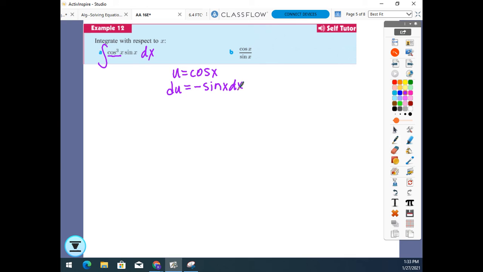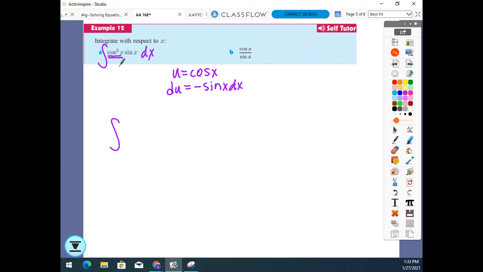Now be very careful. With substitution, we're doing both derivatives and antiderivatives. Make sure you're using your formula booklet, so that you're not making silly mistakes. The derivative of cosine is negative sine. Then we're going to substitute.